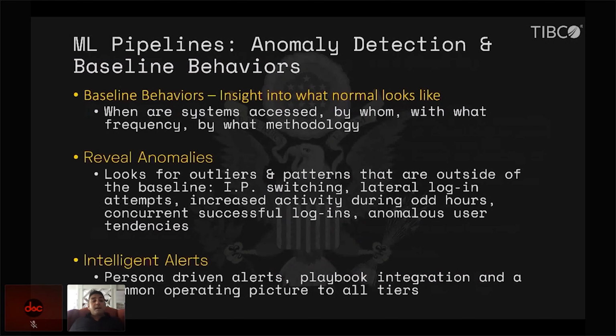So what are we talking about when we start talking about the ML pipelines and getting a baseline for behavior? Well, as I mentioned, as the frequency of that data starts to come in, we see that at certain times the frequency is less, certain times it's high, the volume increases and decreases as well.